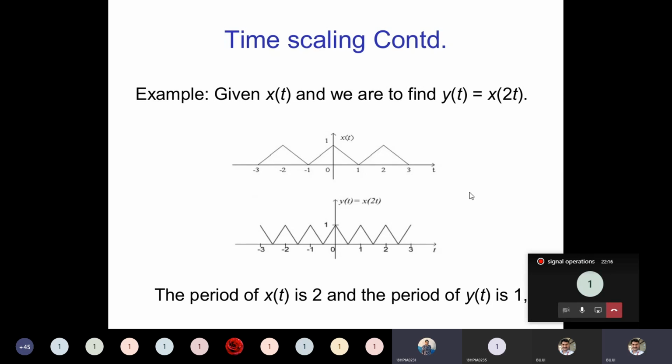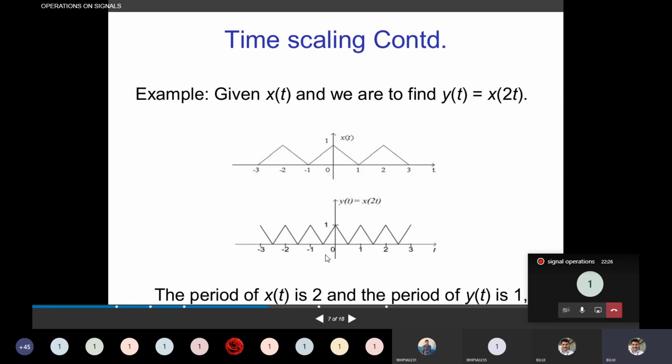Remember, magnitude remains fixed. Only time is scaled. Remember this: x of 2t equal to minus 1, that is t equal to minus 1 by 2, is the minimum value here.